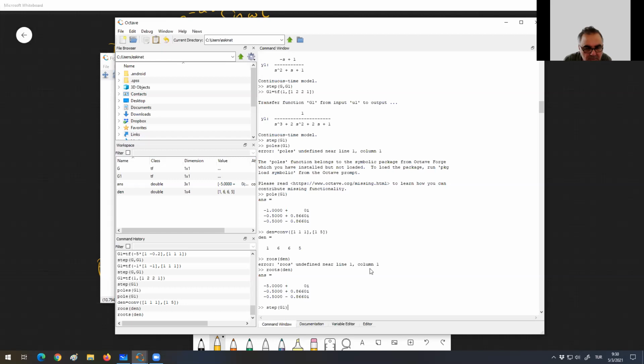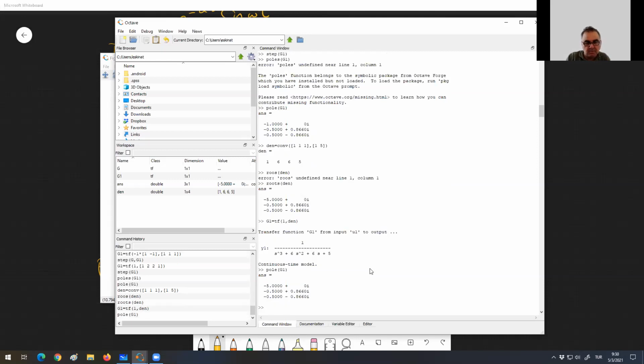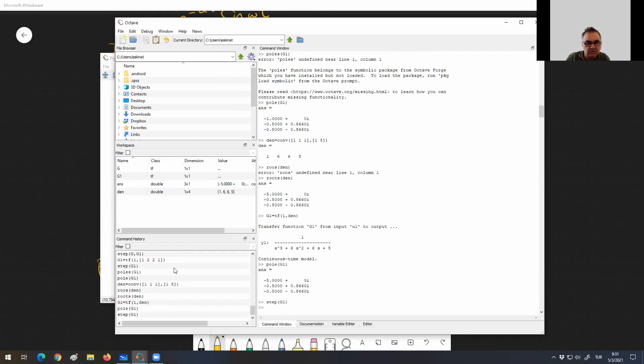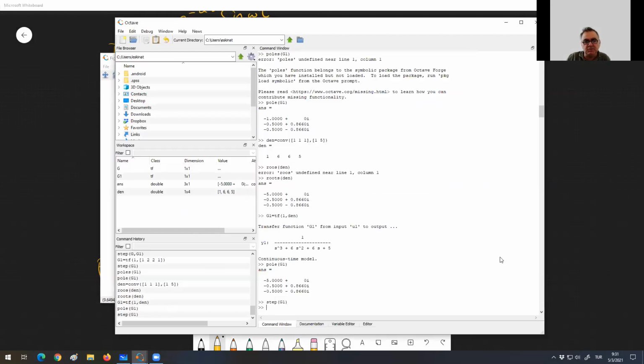So this one and the denominator. This is a system whose poles are at these values. So the step response of this G1 is like this. As you see, this is very close to the step response of G, which I will define as follows.